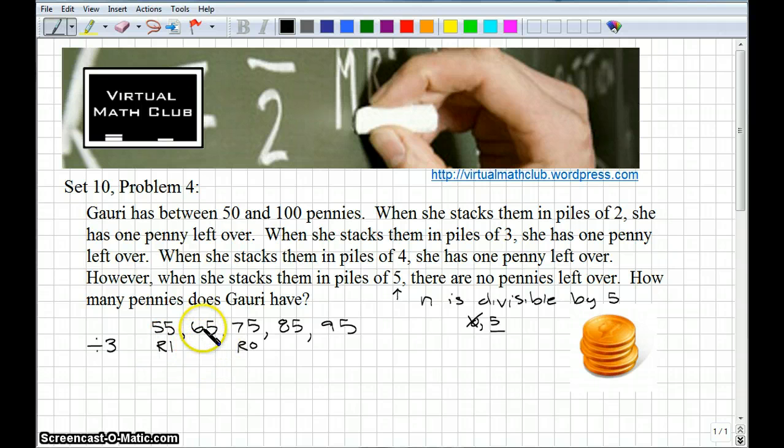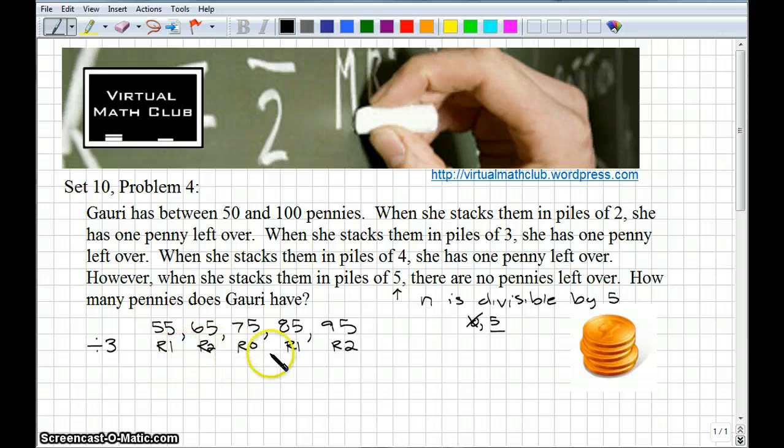When you divide 65 by 3, you get a remainder of 2. You can see that because 3 would go into 6 twice, so you get 2, and then 5 minus 3 would be 2, so you get a remainder of 2. Okay? And if we look at 85, we have a remainder of 1. And if we look at 95, we have a remainder of 2. So you can see too there's a pattern in the remainders.